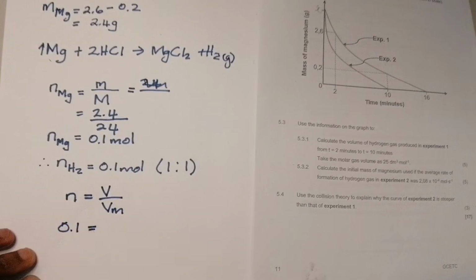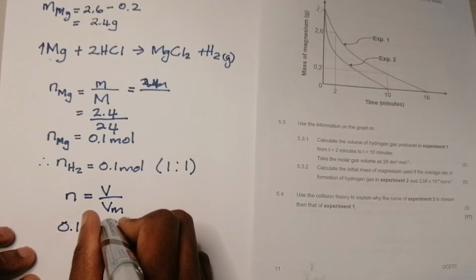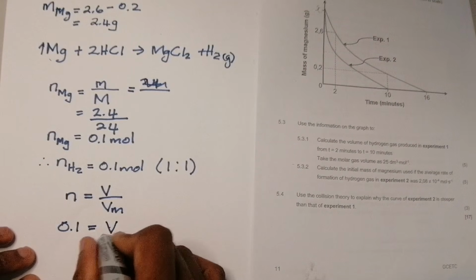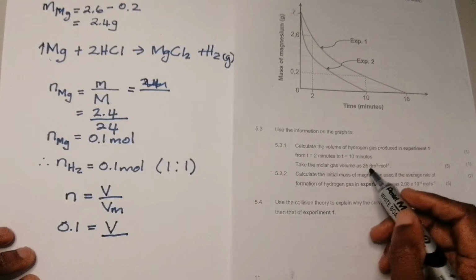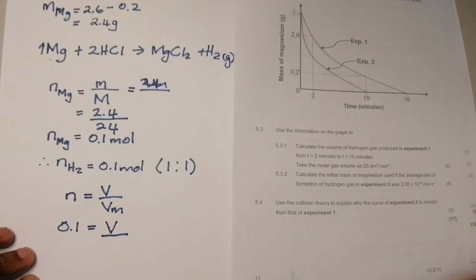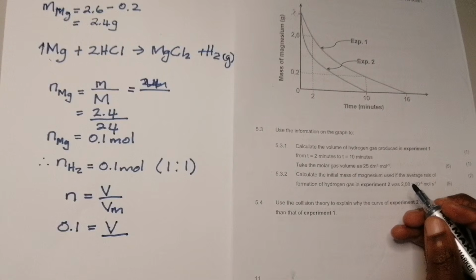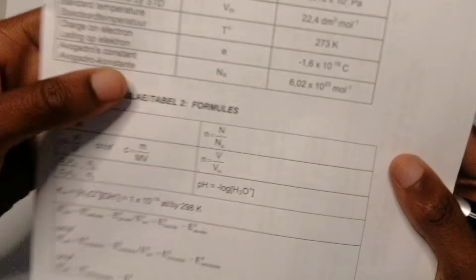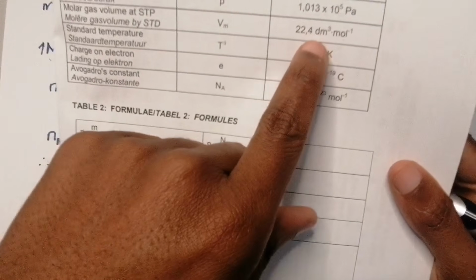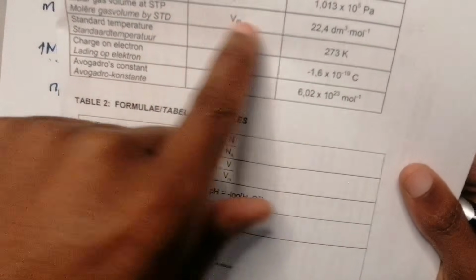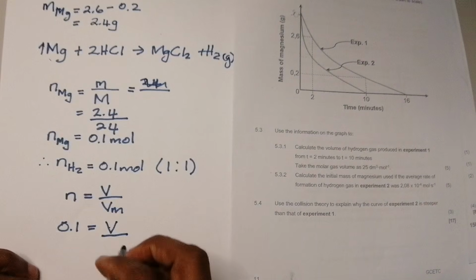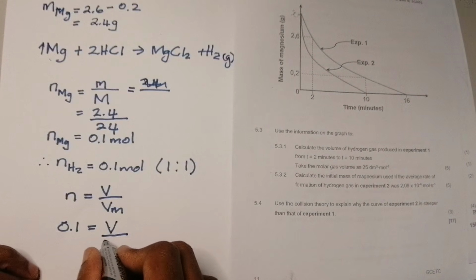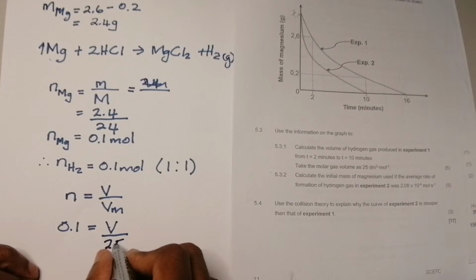I want the volume, and I was given the molar gas volume to be 25. If they had said STP, by the way, we know that the molar gas volume at STP is 22.4. But obviously this is at different conditions, so they said it is 25.